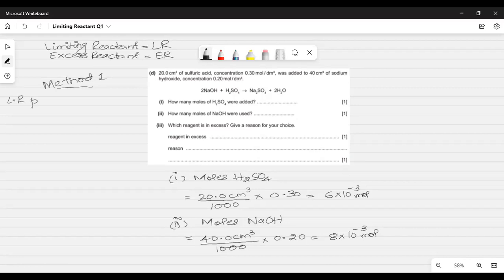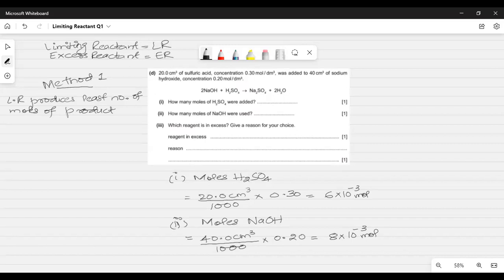So LR produces least number of moles of product. Whichever one is the limiting reactant is going to produce the least number of moles of product. So that's why this is the base point on which this straightforward method applies.